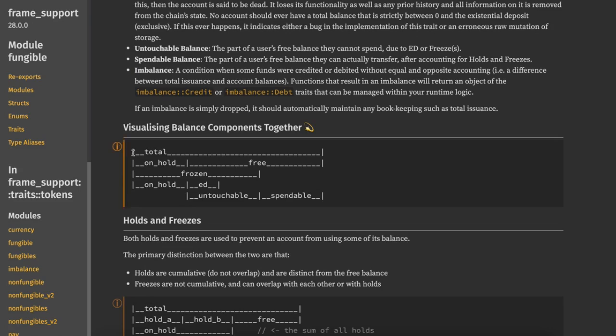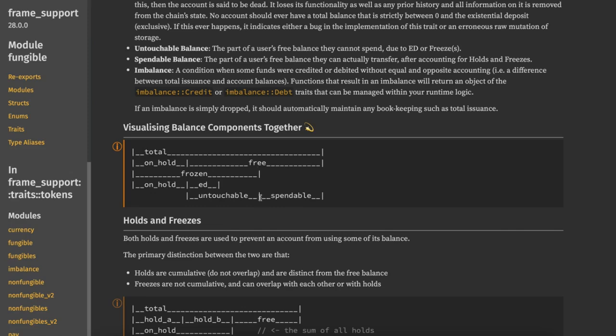graph here. So we can see the total balance. We can see that on hold and frozen balances overlap, as we discussed. And we can see that free balance, this is total balance minus on hold balance.